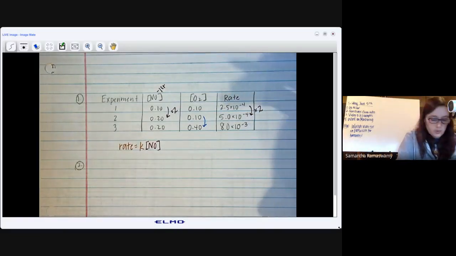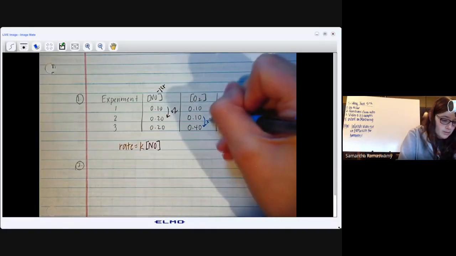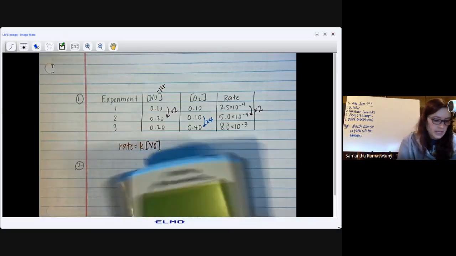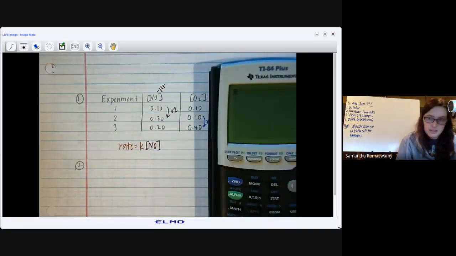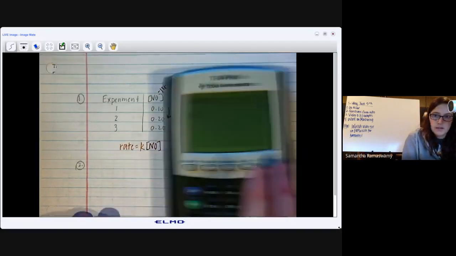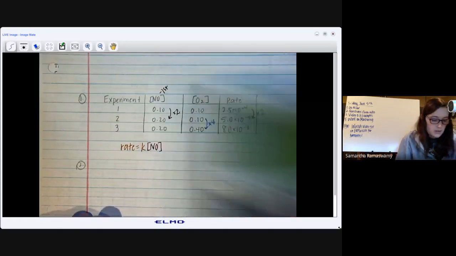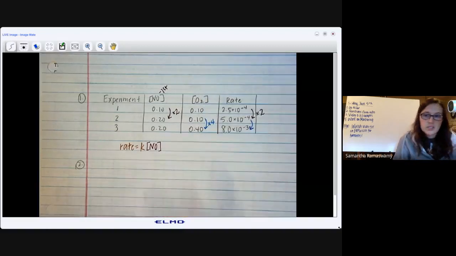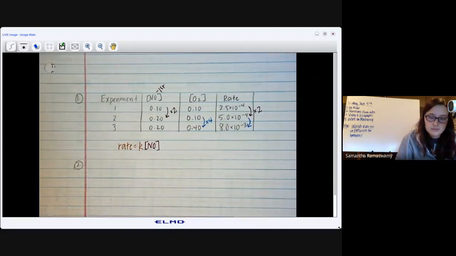So 0.1 to 0.4, we're actually multiplying by 4. And if you are stuck figuring out what that factor is, on your calculator, just do 0.4 divided by 0.1, right? And it's a 4. So that means that from 0.1 to 0.4, we multiply by 4, which means I want to see what happens to the rate.